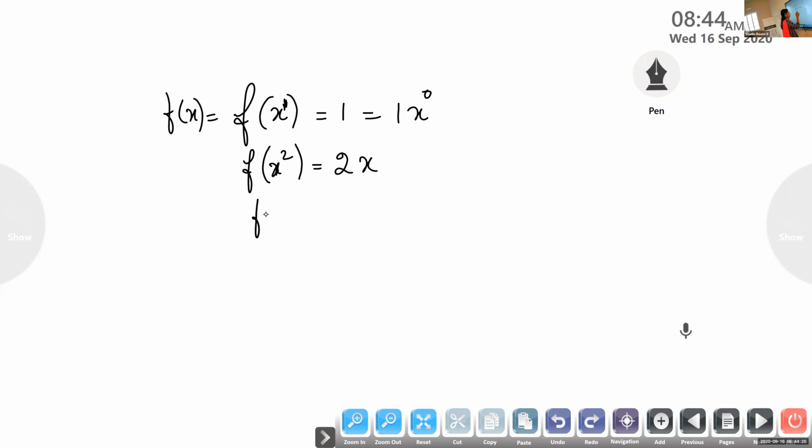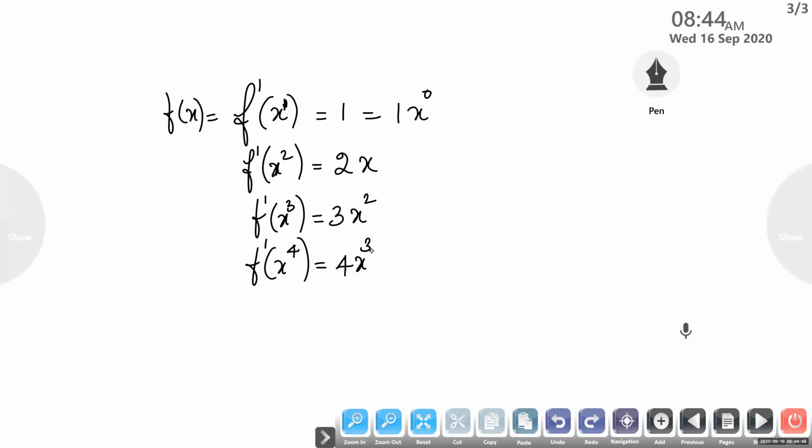What is the derivative of x cube? It is 3x square. We are putting the power in the front and reducing the power by 1. Is it okay? Now, what is f dash of x raised to 4? 4x cube.